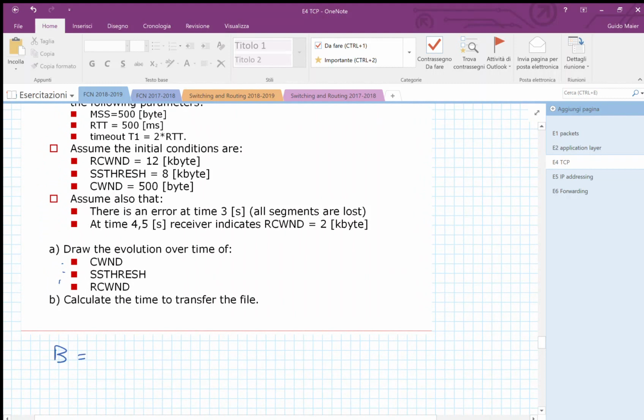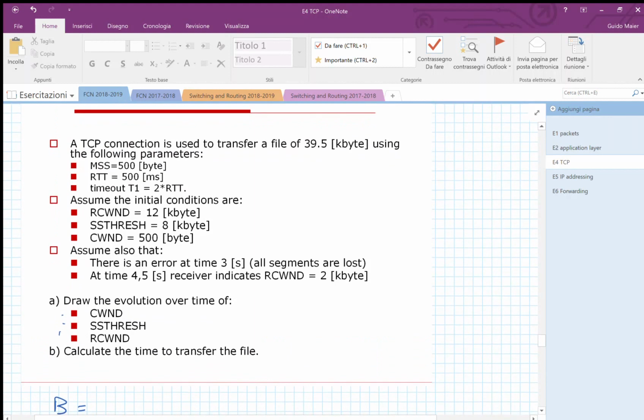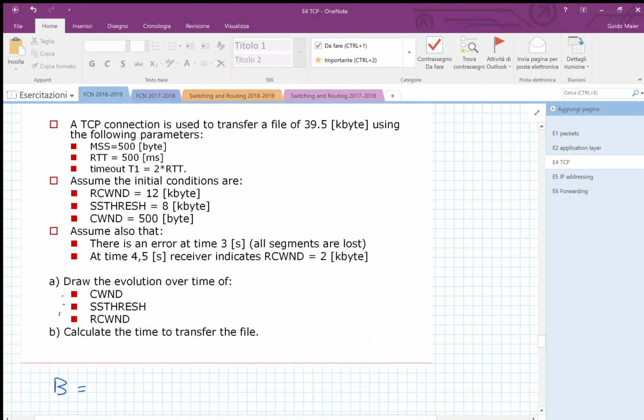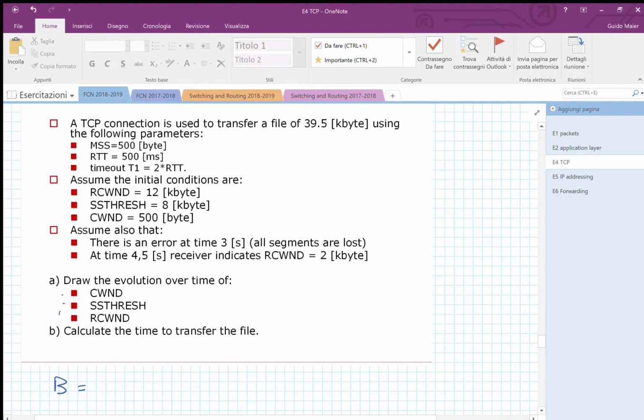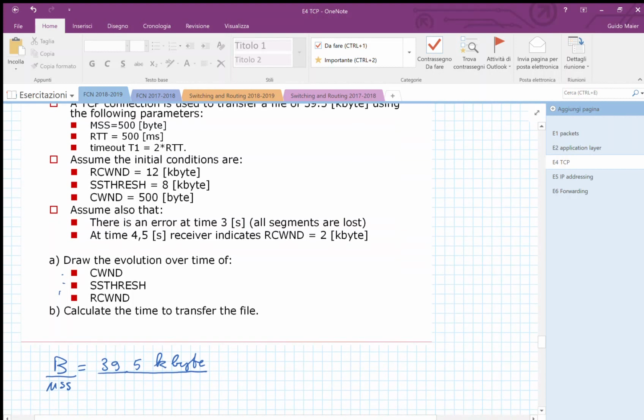So you have basically here that the number of segments that you have to transmit, which is given by the size of the file, will be equal to 39.5 kilobytes divided by the maximum segment size, 500 bytes, okay, which is maximum segment size.